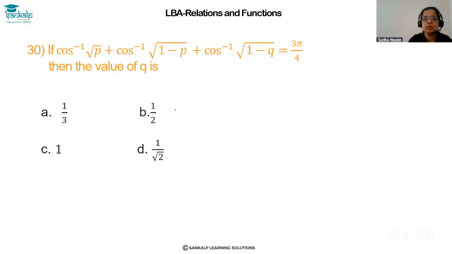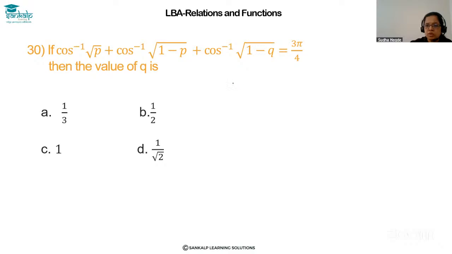Option A 1 by 3, option B 1 by 2, option C 1, and option D 1 by root 2. Got it? So the question involves cos inverse root P, cos inverse root 1 minus P, and cos inverse root 1 minus Q.